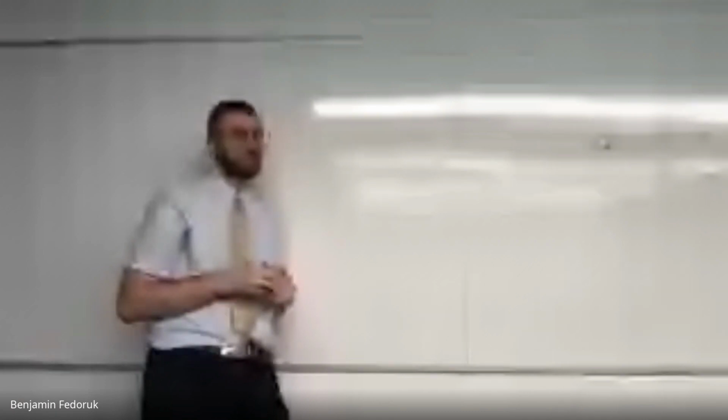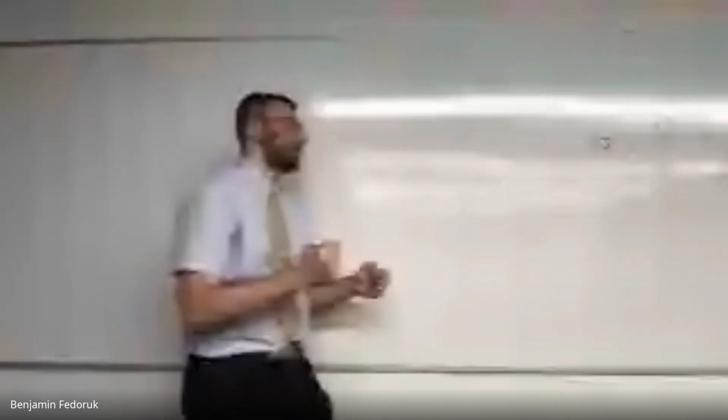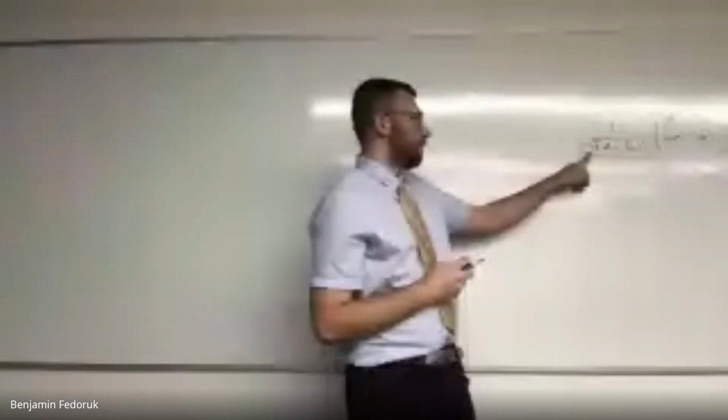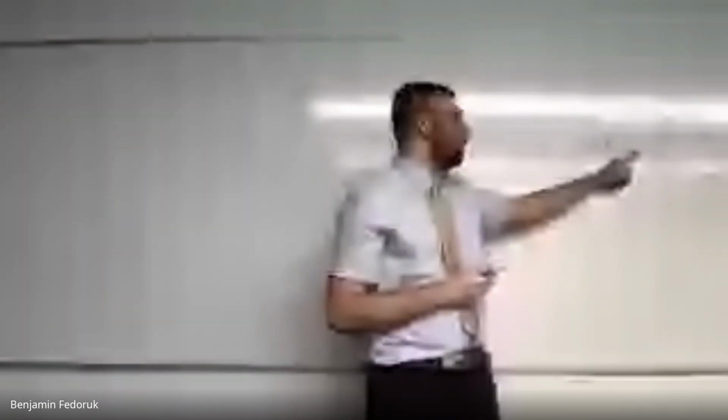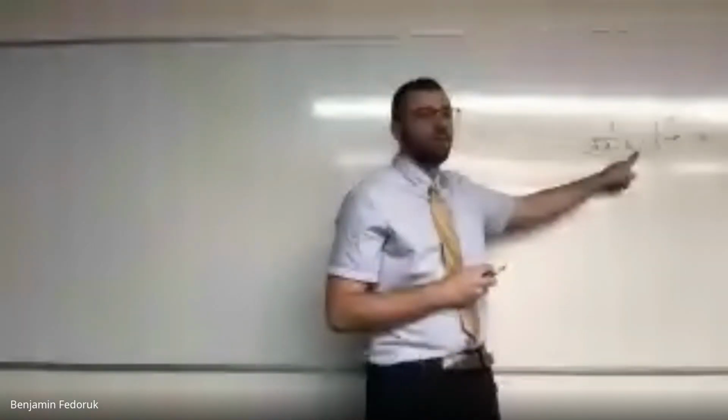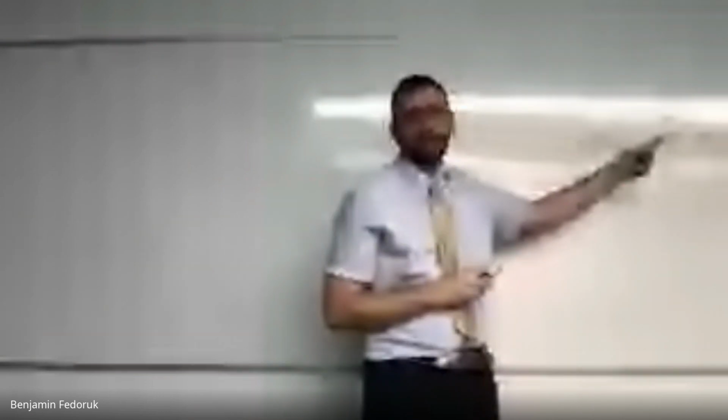A natural question is, how do we find the inverse of a 3x3? Another natural question: look at that AD minus BC at the bottom. We said the inverse only exists if that number is not 0. If it's 0, you can't divide by 0, so the inverse doesn't exist.